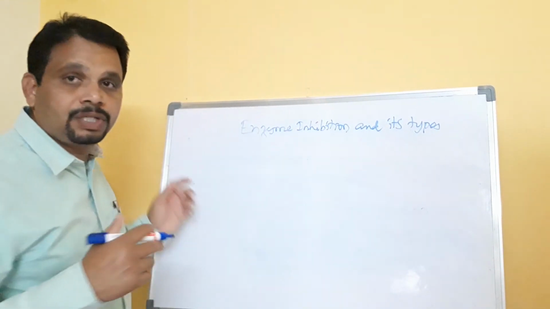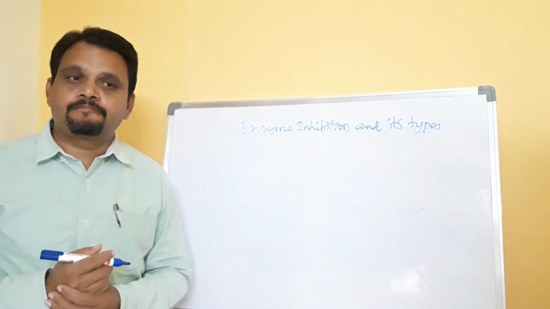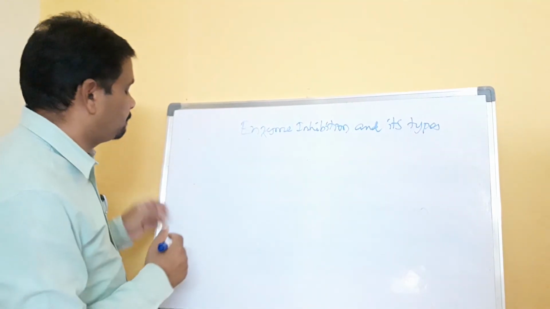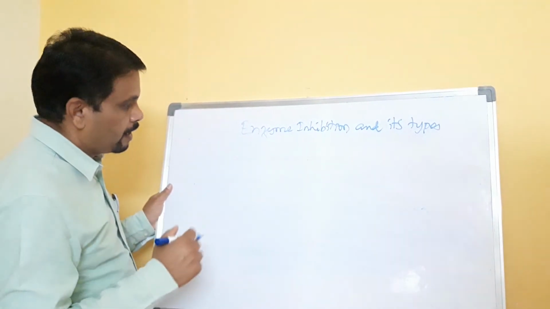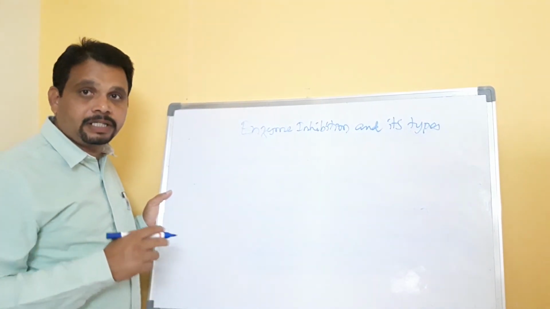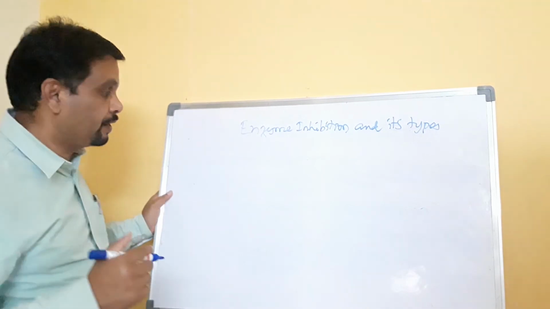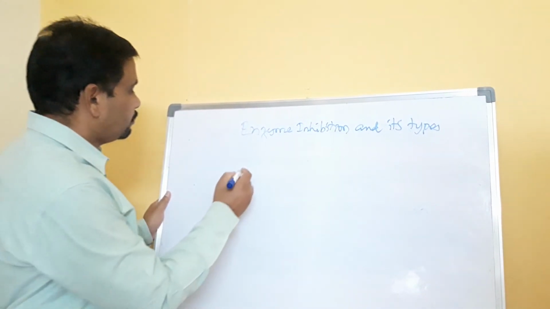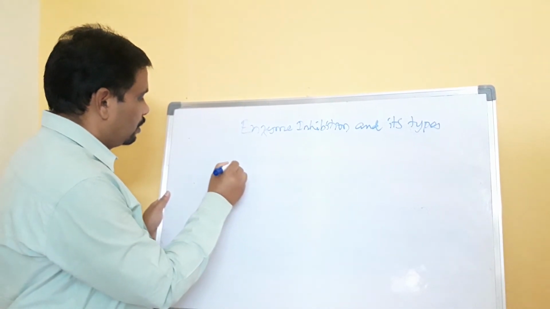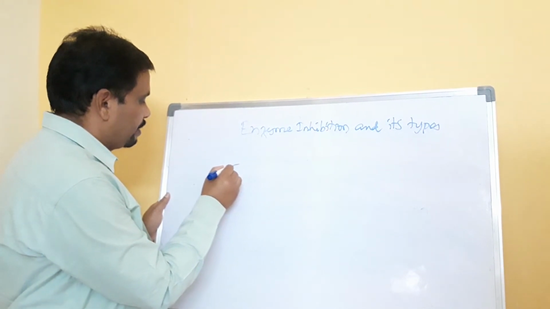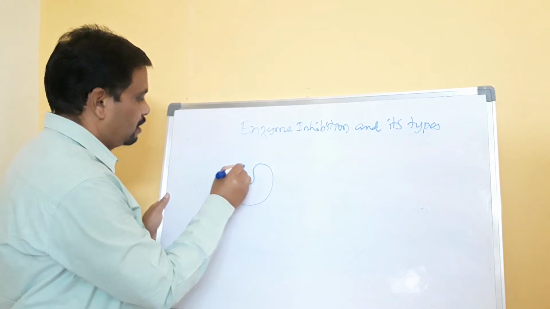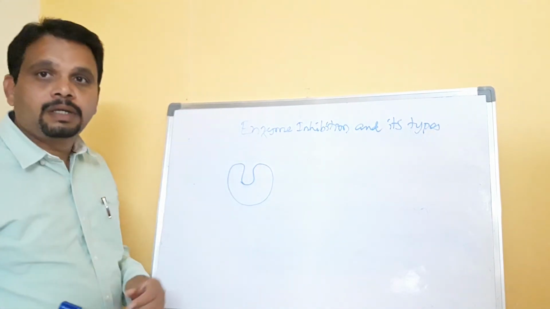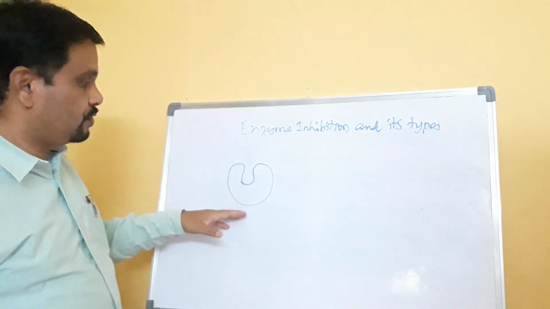How it participates in the biochemical reaction as a catalyst, I would like to explain to you. So you know that enzymes are tubular proteins, right? Suppose this is the structure of an enzyme.